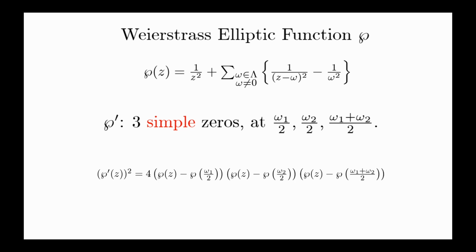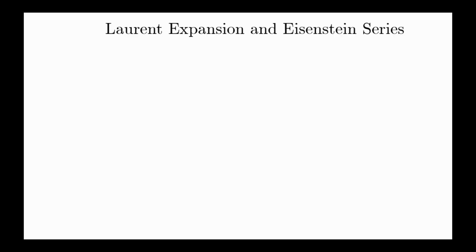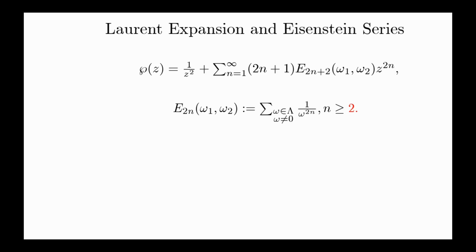And in fact, the Weierstrass P function satisfies this differential equation, which is going to be important in a moment, although we are going to rewrite it in another form. And we recall that the Weierstrass P function has a Laurent expansion about the origin, which can be expressed in terms of Eisenstein series.